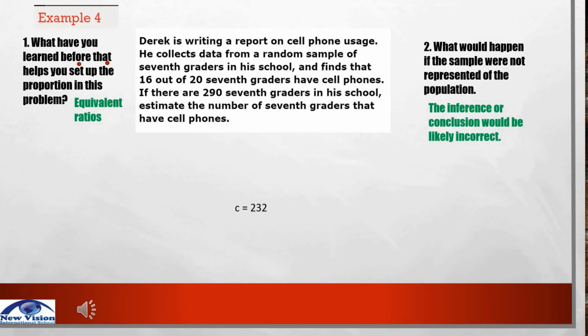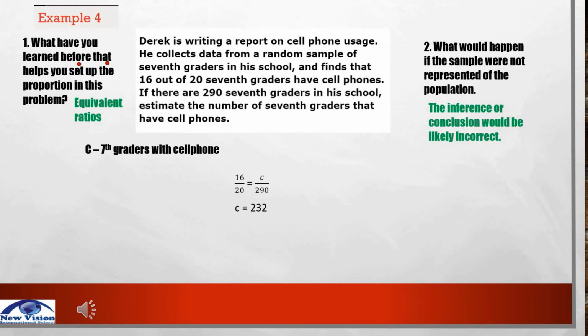So in this problem, we're going to write and solve a proportion to estimate the number of 7th graders who have a cell phone. Let C be the 7th graders with cell phones. Now we're going to make a proportion: 7th graders with cell phones in the sample over the number of 7th graders in the sample is equal to the 7th graders with cell phones in the school over the number of 7th graders in the school.